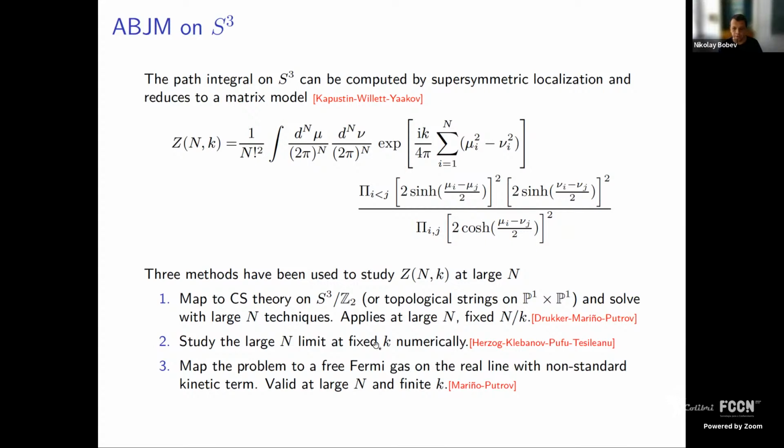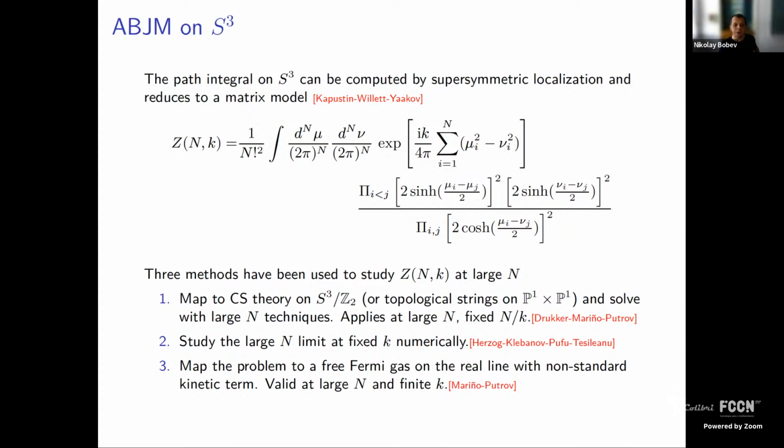Other people have studied this at large n and fixed k numerically by a saddle point approximation. Yet another approach has been to reorganize the integrand and observe that it reduces to a Fermi gas, so fermions without interaction, but with some exotic kinetic terms, which is in some sense integrable. These are the methods that have been used to attack this kind of integral at large n.